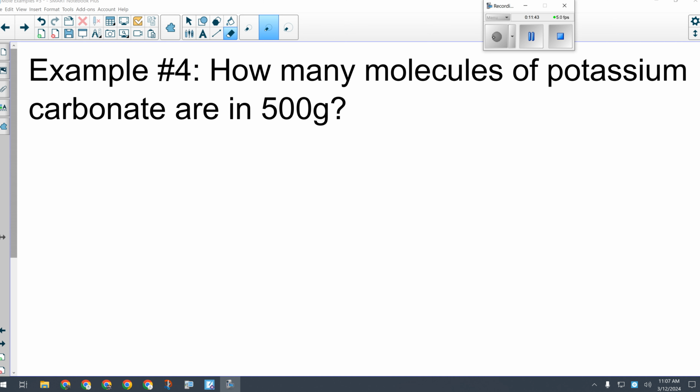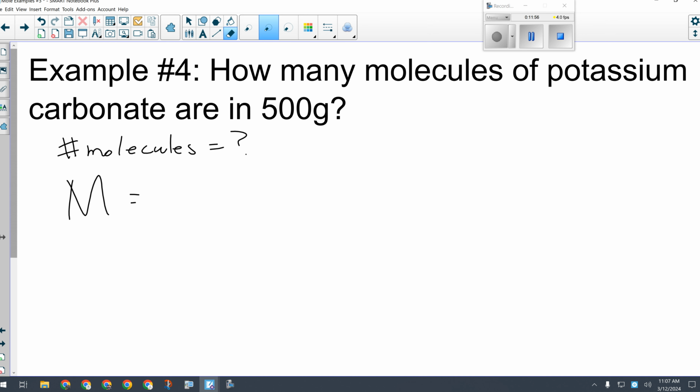Okay, so how many molecules of potassium carbonate are in 500 grams? So the question wants number of molecules. Question gives the material, potassium carbonate, K2CO3.